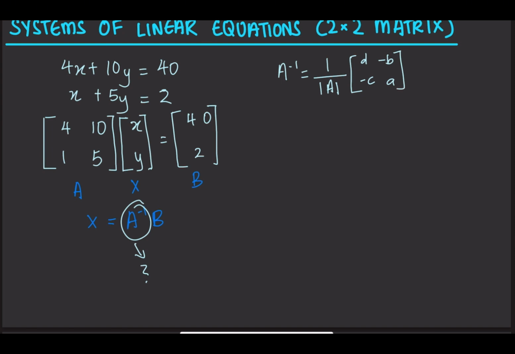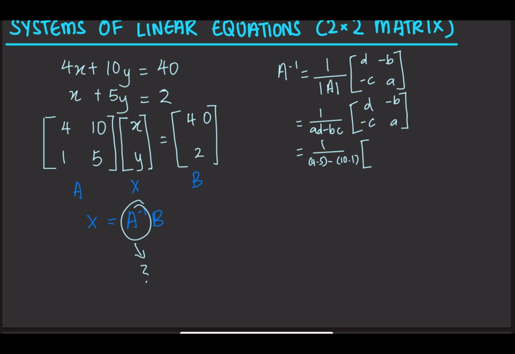So now let us find A inverse. A inverse is 1 over the determinant of A, which in this case is AD minus BC, multiplied by the matrix D, negative B, negative C, A. I'll do it step by step so you get to follow. 1 divided by AD minus BC. AD is 4 times 5, minus 10 times 1.